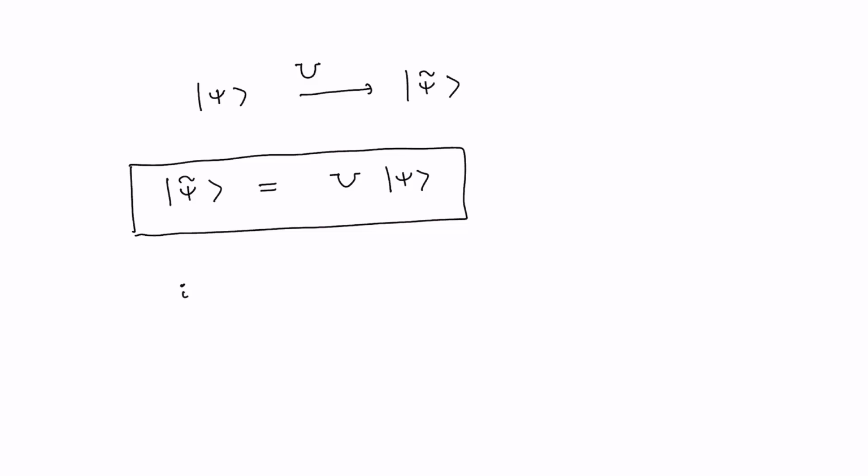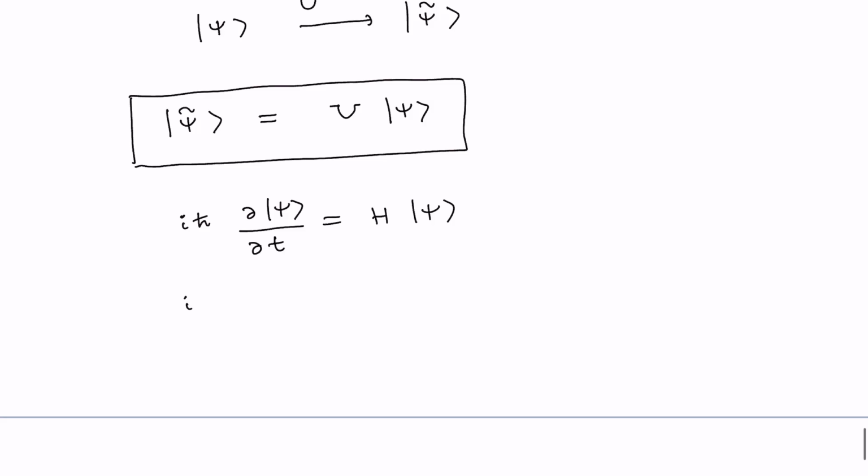the so-called Schrodinger equation. I have the Schrodinger equation for |ψ⟩ as this, iħ ∂|ψ⟩/∂t equal to H|ψ⟩, and the new state vector |ψ tilde⟩ also has to obey the Schrodinger equation, but in the process the Hamiltonian is changing from H to H tilde.